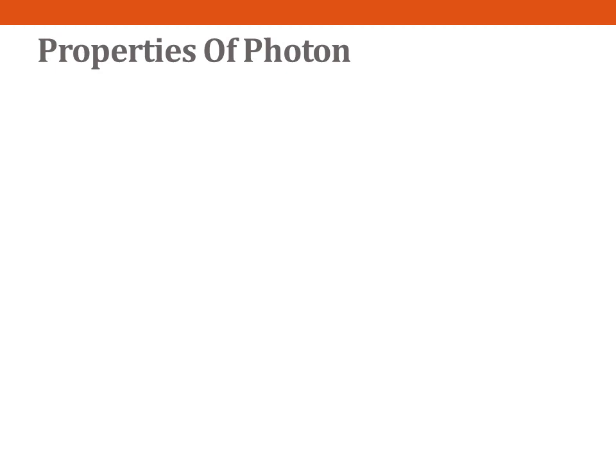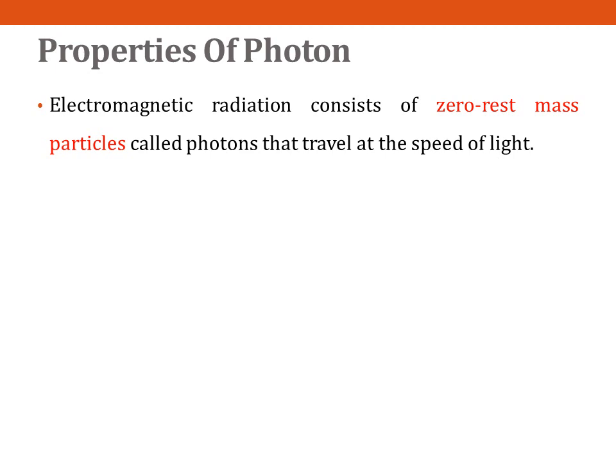Light can be considered to be made up of particles called photons, and these photons have different characteristics or properties compared to electrons. Let us see what they are. Light, which is electromagnetic radiation, consists of these photons which are zero rest mass particles and they travel at the speed of light.